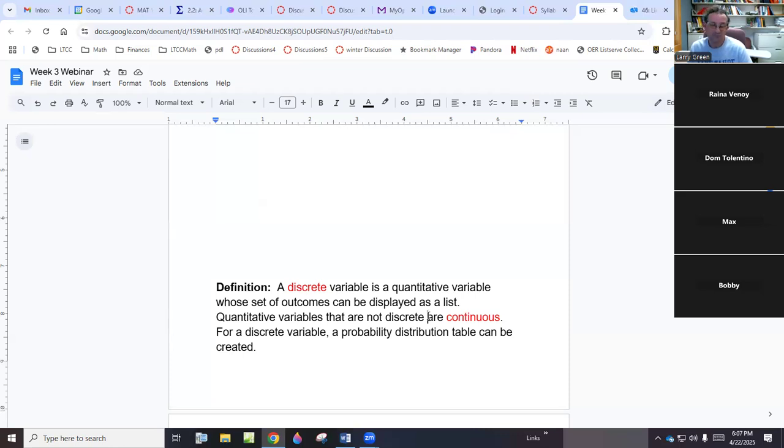I can mention some too as you're posting. For example, a discrete variable might be how many siblings are in your family. You can list all the possibilities, including yourself. There could be one, because there's you. There could be two, there could be three, whatever.